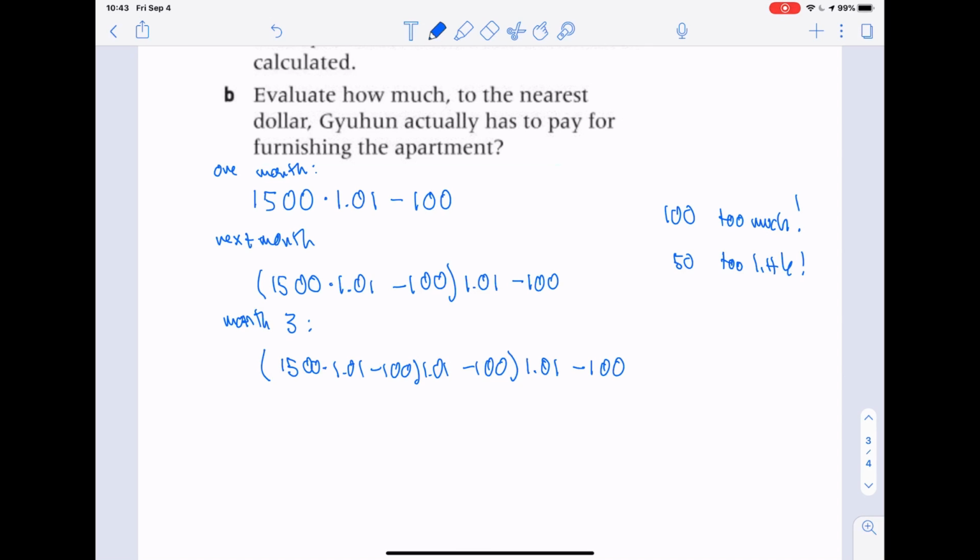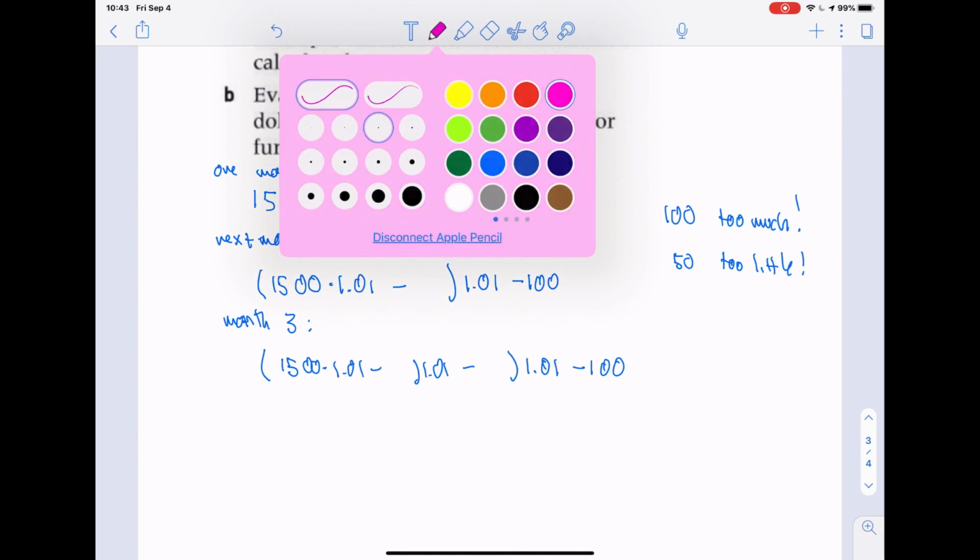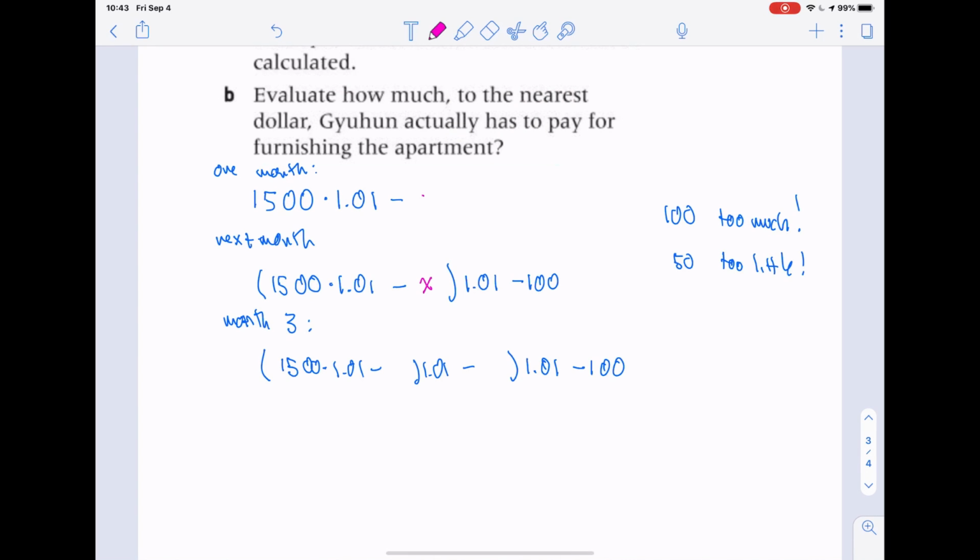And so instead of putting 100 each time, we can just say that this amount is going to be x. So I'm going to put that in a slightly different color. So this is minus x, this is minus x, and this is minus x. And so we're continually subtracting x. And we can kind of see a pattern that is coming out of this.